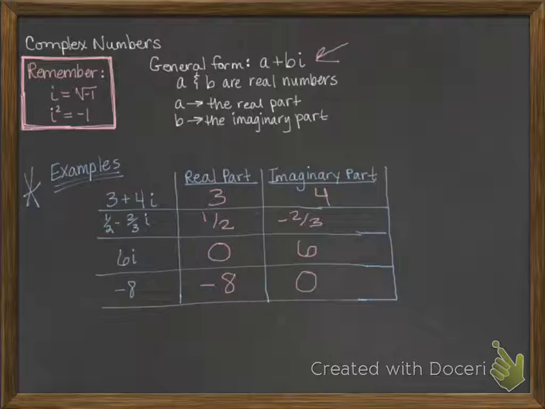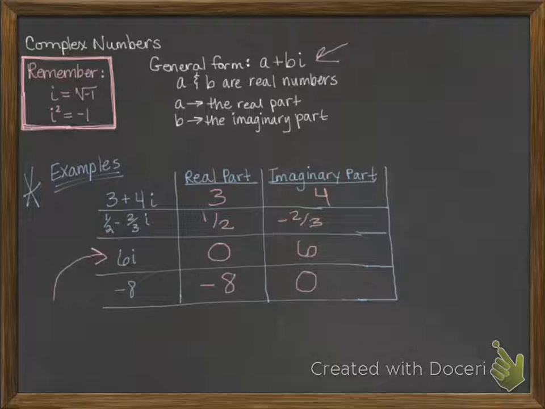When we have that 6i, when it's just an imaginary part, we call that a pure imaginary number. A regular real number like -8, you could think of that as a complex number with an imaginary part of 0, but that probably would only be helpful to you if you're adding and subtracting complex numbers with regular numbers.